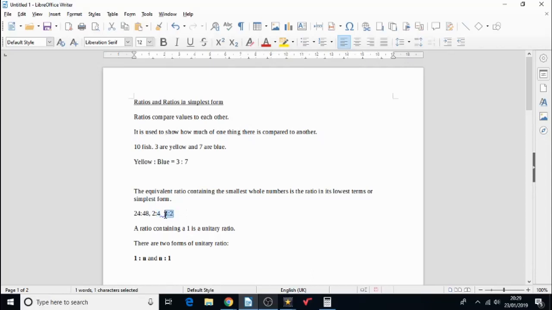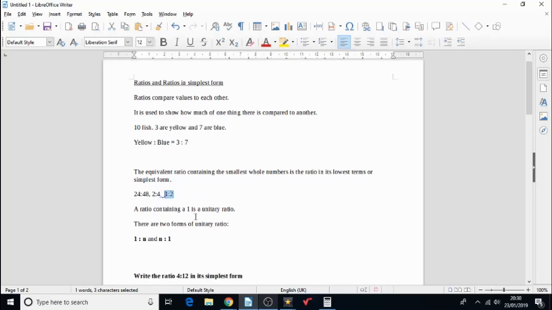That's why 1 to 2 is the smallest form when 24 to 48 has been condensed to its simplest form or lowest terms.